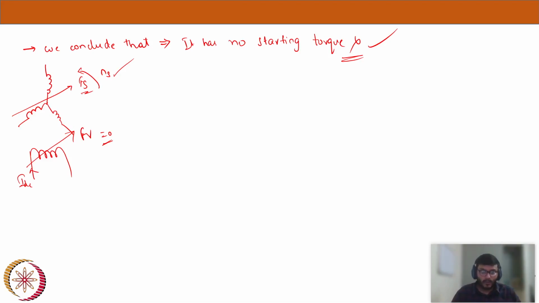Now I have made my rotor field rotate physically such that my stator field and rotor field have the same speed. Both are in the same direction; I have rotated my rotor anti-clockwise, same as the stator field.